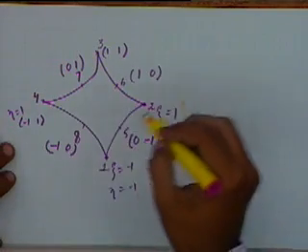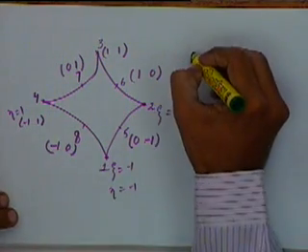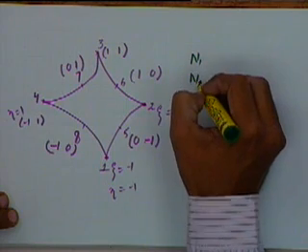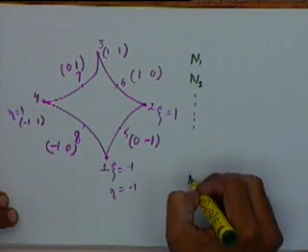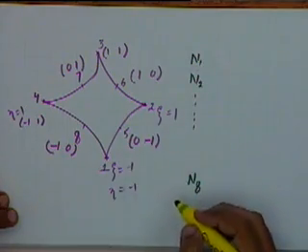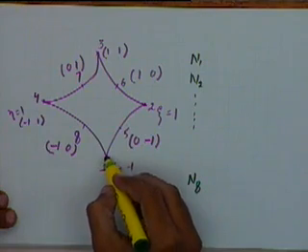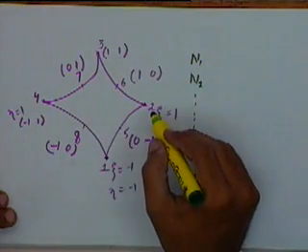Now if you have the 8 nodes, we have to define 8 shape functions. Again they will have the same constraints, that N1 will be 1 at node 1 and 0 at all the other nodes.